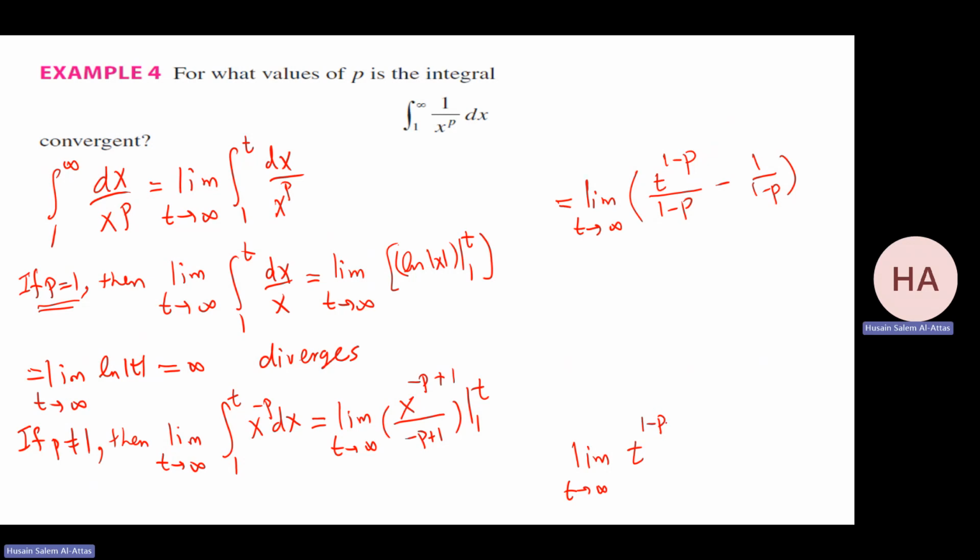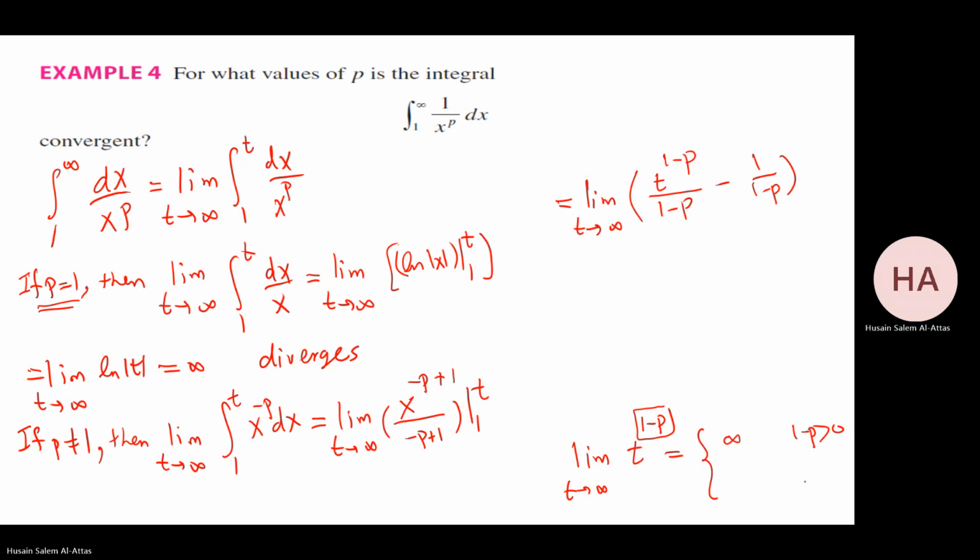We have two cases. If 1 minus b is positive, then you have infinity to the positive power, that will be infinity. And that will be divergence, since t goes to infinity, for sure it will be infinity.